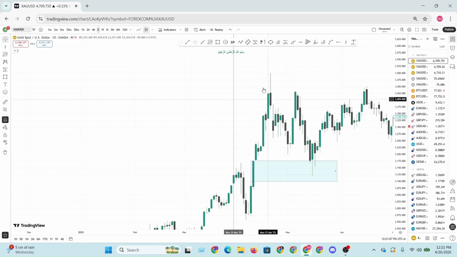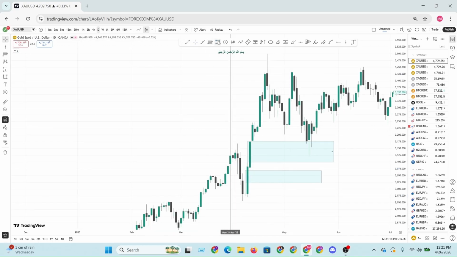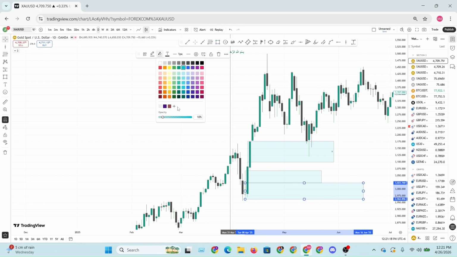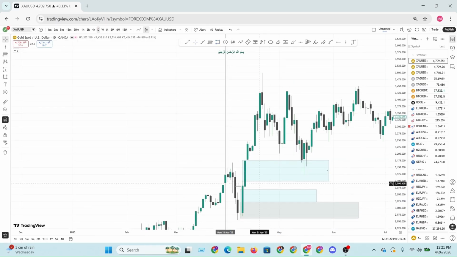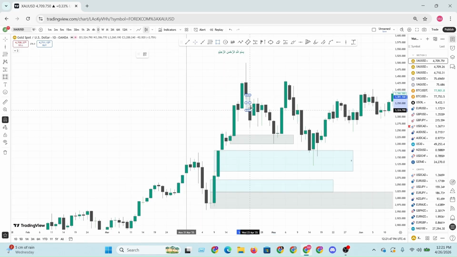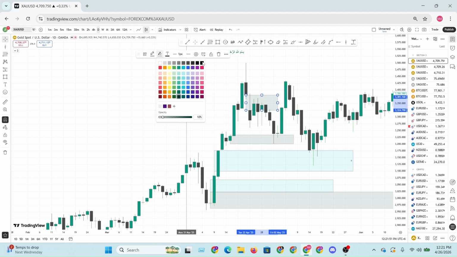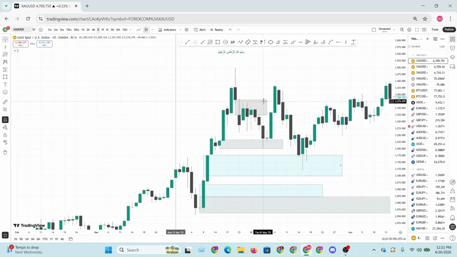When the market is going upside, it creates POIs, order blocks. Okay, this is an order block. It goes upside by creating these things, and again another order block. So this is the gap, the volume gap I was telling you about last time. We call this a volume gap, volume imbalance.